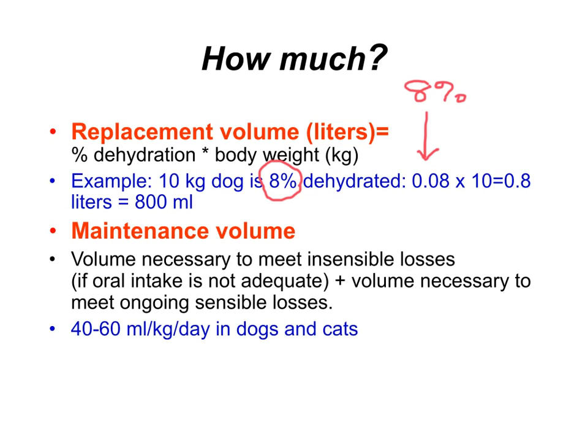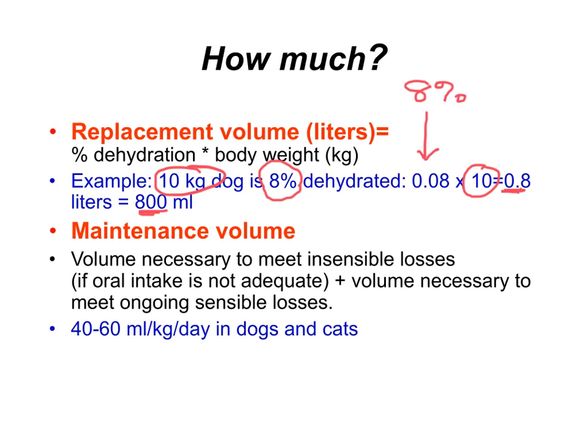Now, the animal's 10 kilograms, so a kilogram is equal to a liter, a liter is equal to a kilogram, so we're going to call that 10. Multiply the two, we get 0.8 liters, which is equivalent to 800 milliliters. So this is the amount that we would have to get back to the animal, in whatever time you determine, to replace what it had lost.